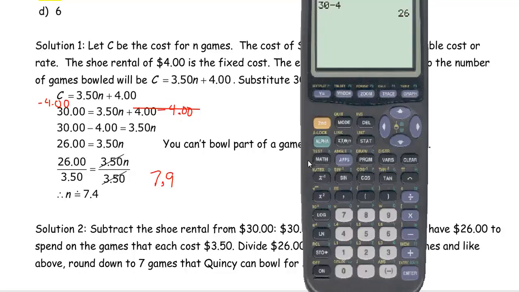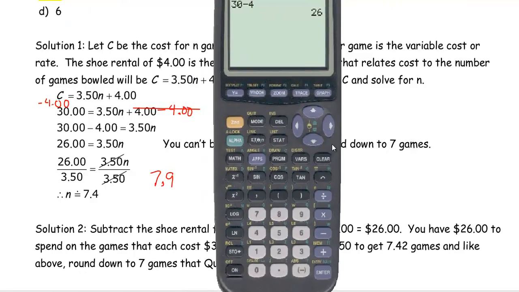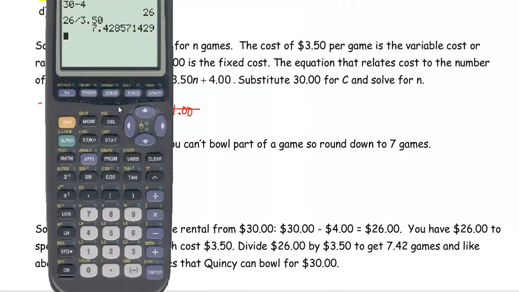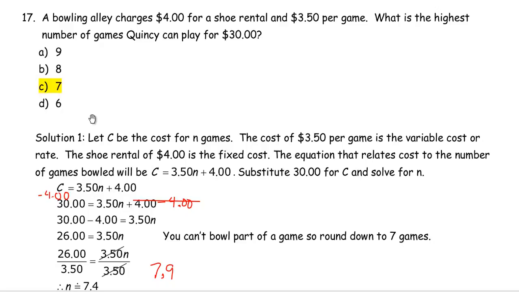You have $26 to spend on games that each cost $3.50, so you divide the $26 by 3.50, because every bowling game costs him $3.50, and you get 7.4, exactly the same as we had up here. So we round to 7, and C is still the correct answer for number 17.